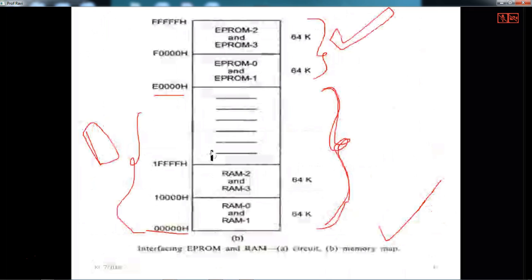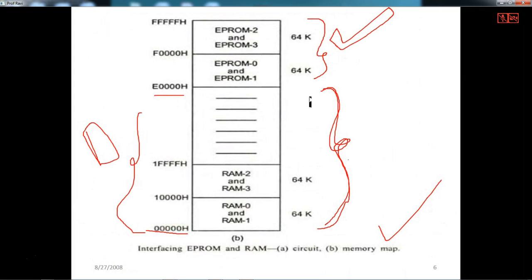So in memory mapping, the addresses from 00000 to E0000 you should give to the SRAM or DRAM which you are using, and E0000 to EFFFF you should give to the EEPROM. How to decode this particular address so that the particular content is identified is what memory interfacing is.